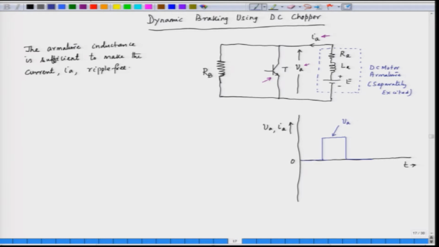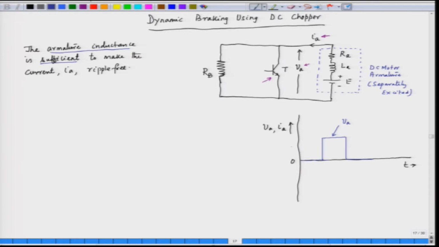Now, what about the current? When the switch is closed, the current will flow through the switch, the armature is short circuited, and we have assumed that the armature inductance is sufficient. So, the back EMF will charge the armature inductance.